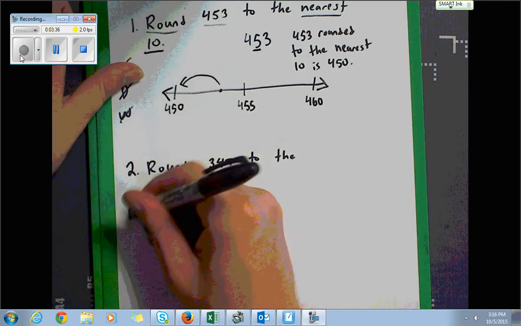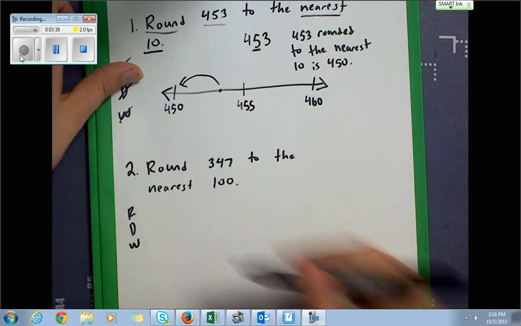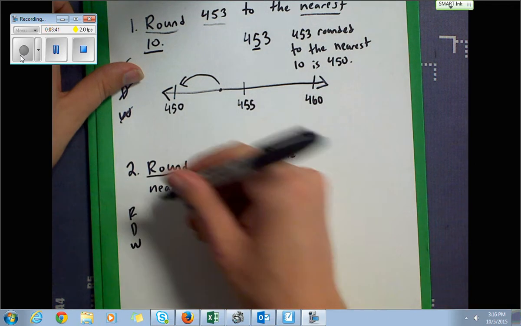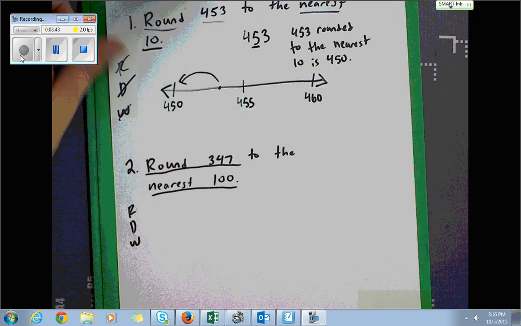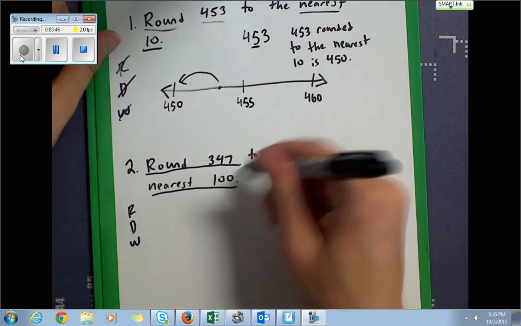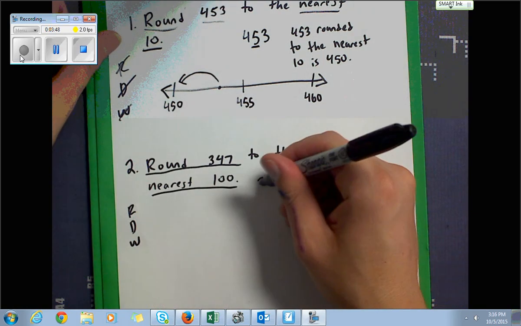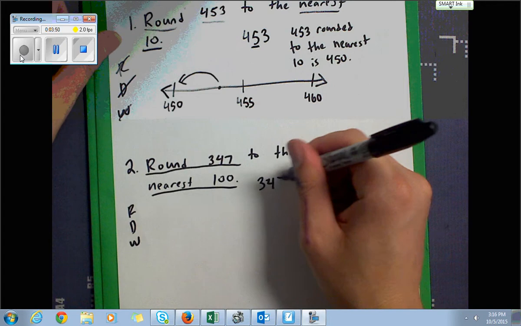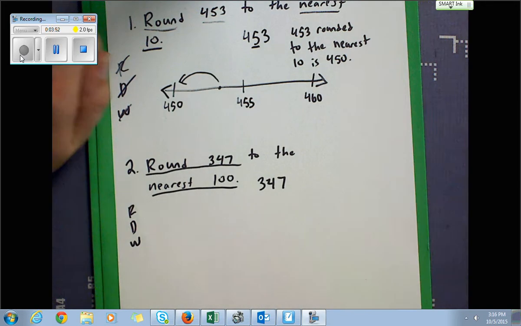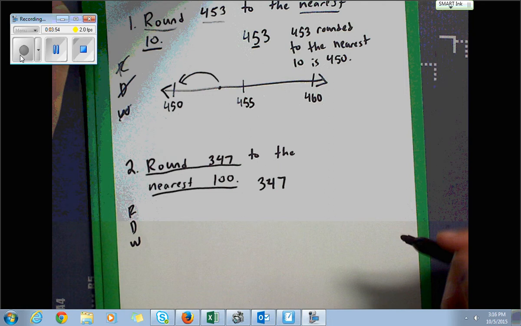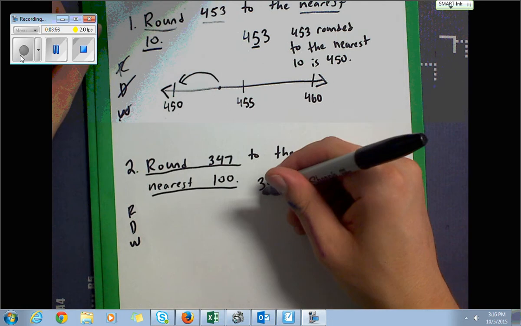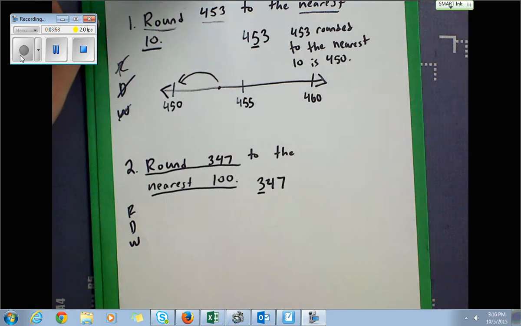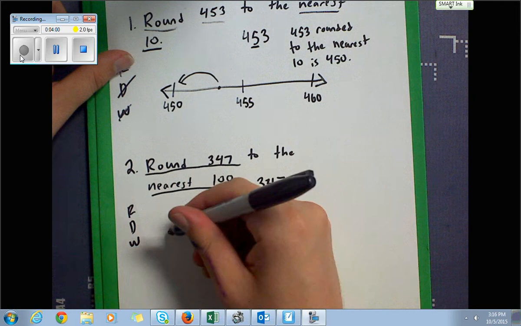So write my RDW. Math phrases: round, nearest 100. Okay, same beginning step. I'm going to write my number that I'm rounding nice and big. 347. Now for this one, I'm focusing on the hundreds place. So I'm going to go ahead and underline my hundreds place, 300. Next, I'm going to go ahead and set up my number line.